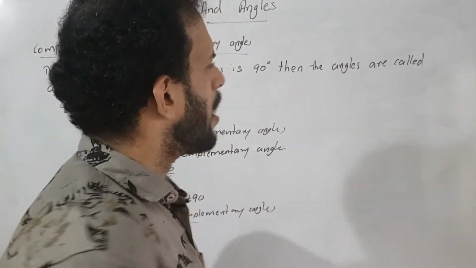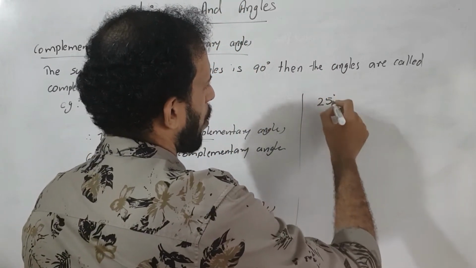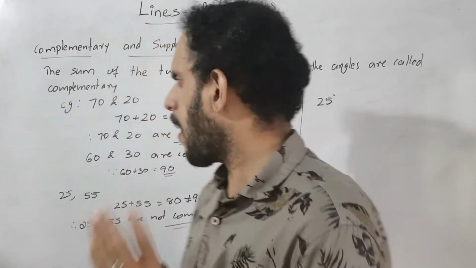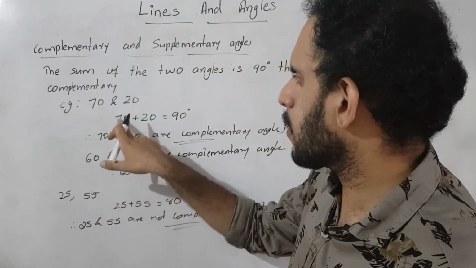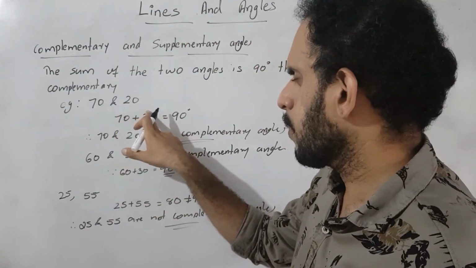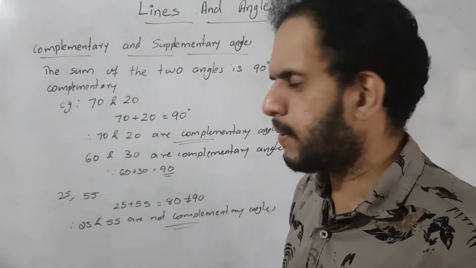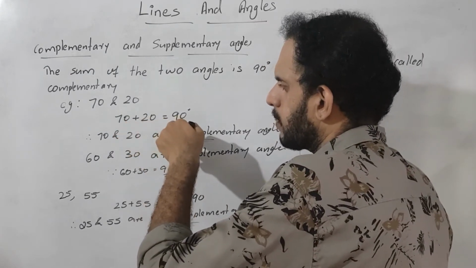Then how do we find the complement of 25? Here we have the idea. 70 is the complement of 20, and 20 is the complement of 70. Why? Because if we add both together, 70 and 20, we get 90.